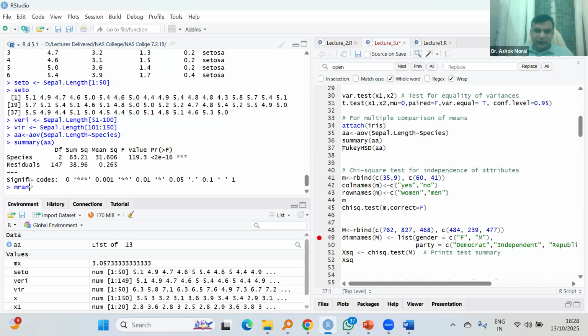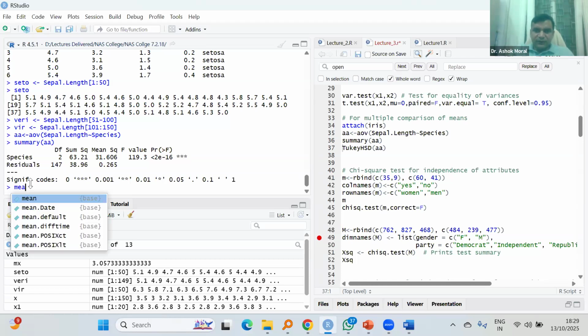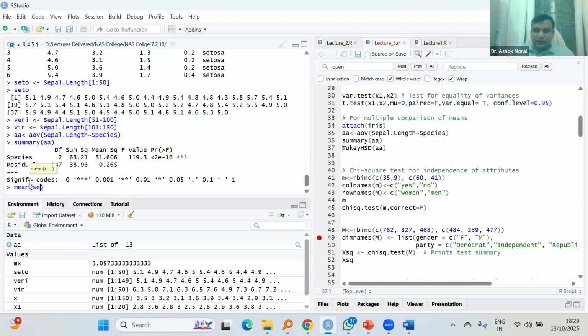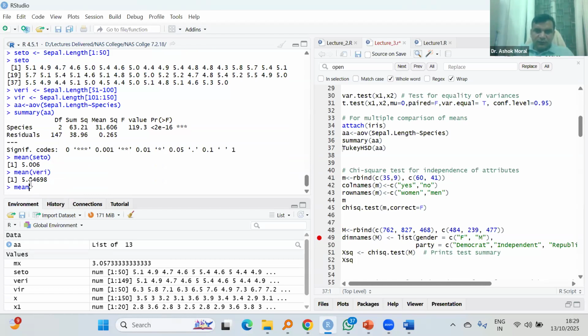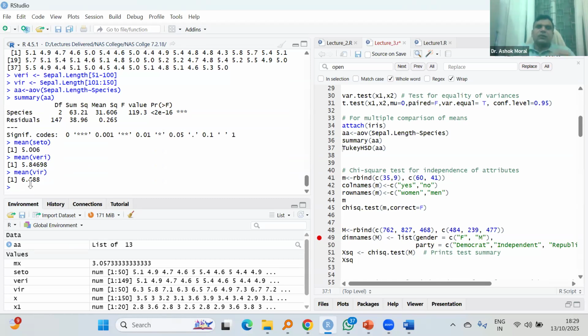Just one way is the mean of Setosa, mean of Versicolor, and mean of Virginica. These are the three means of the three groups.